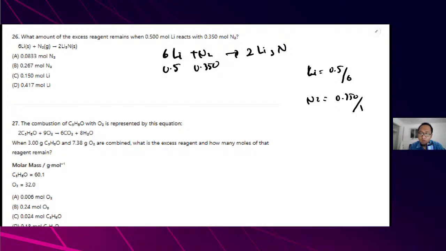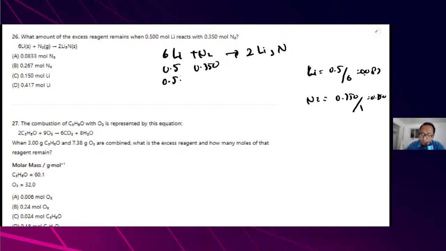0.5 over 6, so we end up with 0.083, and this one is still the same, 0.350. So we have the smallest number for lithium. What amount of the excess reagent remains?